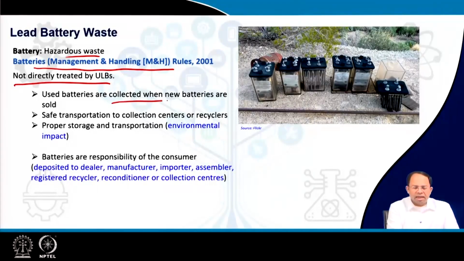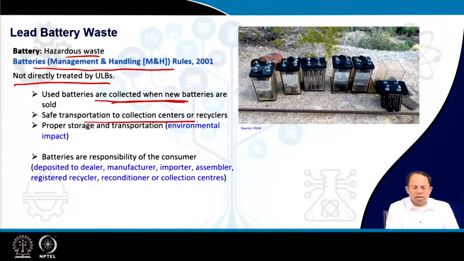But used batteries are collected. If it is collected in the municipal waste stream, then it has to be segregated and then sent to the proper recycling or processing facility. But other than that, used batteries are collected when new batteries are sold. So that's one way extended producer responsibility is there for battery waste management.